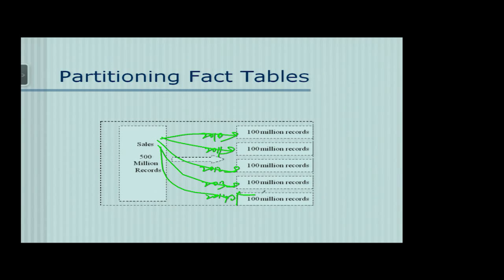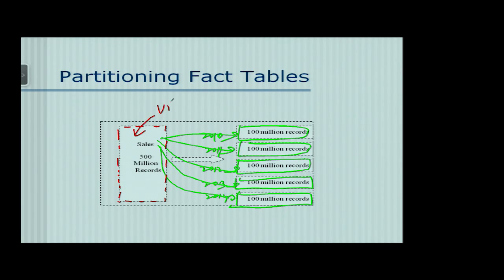And all of these are actual tables in the database, right? And what happens to the original table? Because there is no data now, it exists only as a virtual entity. So this becomes a virtual table or a virtual entity.